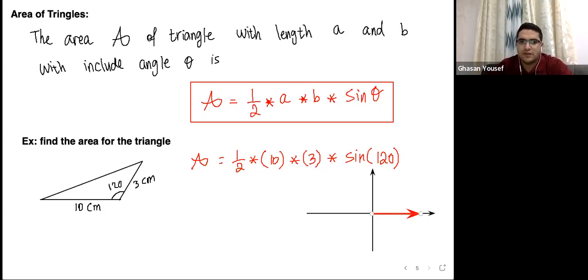Now 120, as we know before, the angle from here to here is 90 degrees. And the angle from this point to this point is 180 degrees. So 120 is between 90 degrees and 180 degrees. So it is supposed to be here.